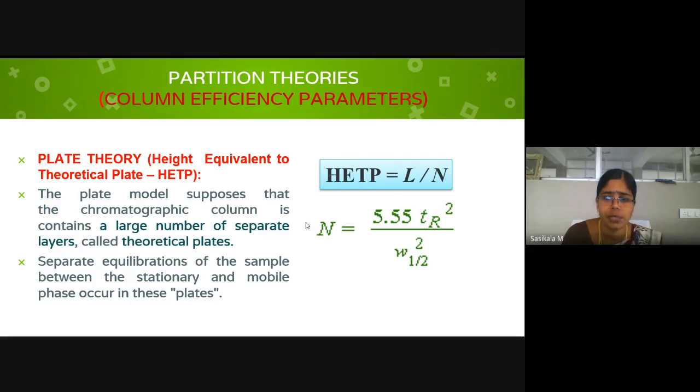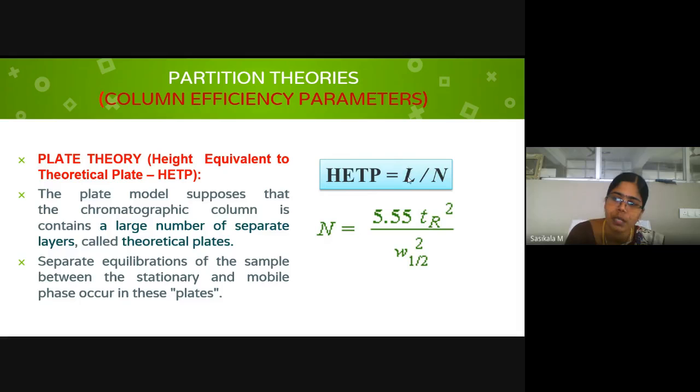By using this we can calculate N, and that is substituted here to calculate HETP, height equivalent to theoretical plates. When the height equivalent to theoretical plates is increased, the number of theoretical plates will be reduced. This is inversely proportional to the number of theoretical plates.